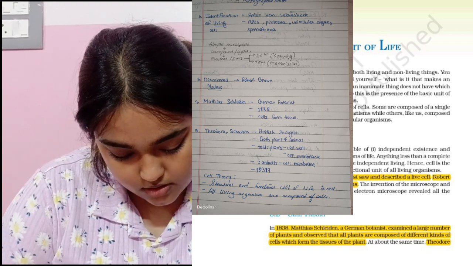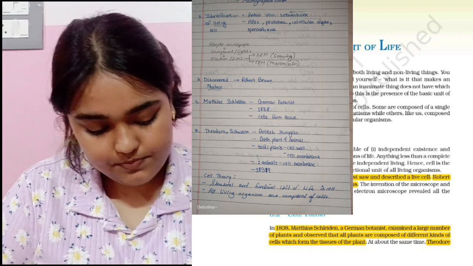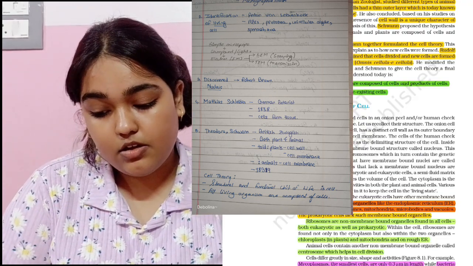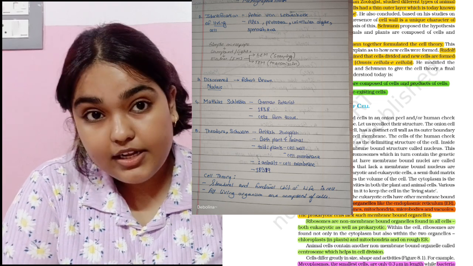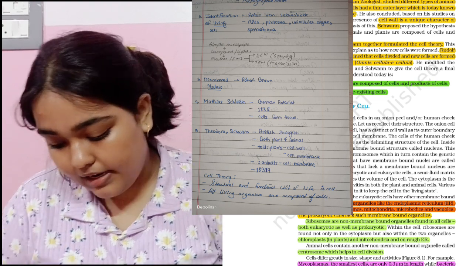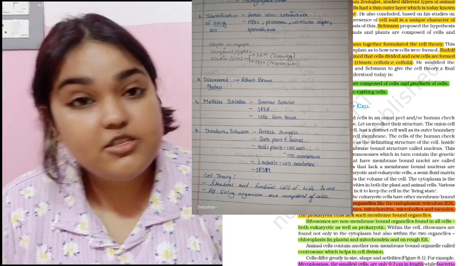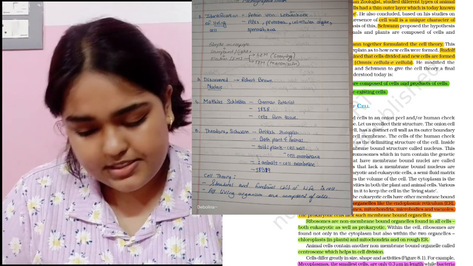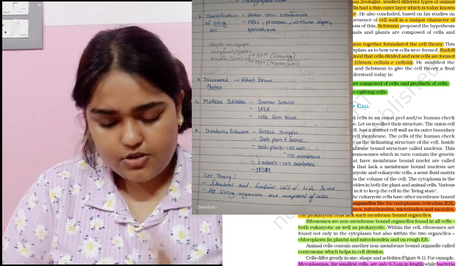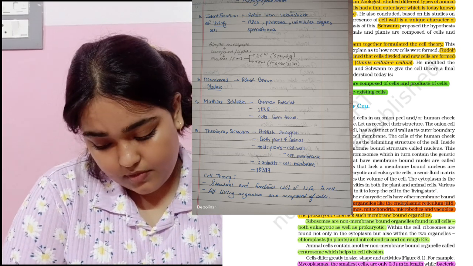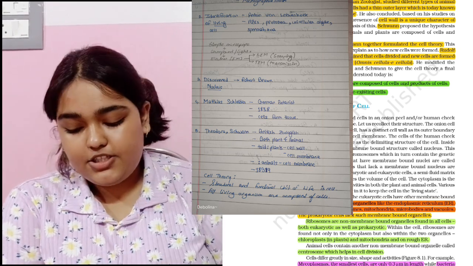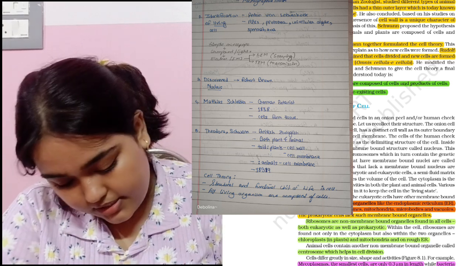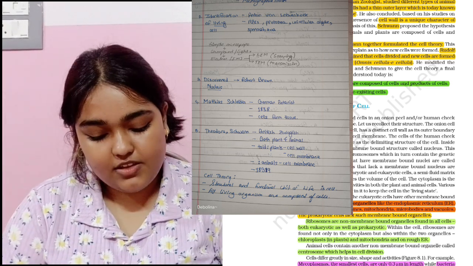Fourth, we have Theodor Schwann, who was a British zoologist according to the old NCERT and a German zoologist according to the new NCERT. So go with the new NCERT. Theodor Schwann, in 1839, a year later.